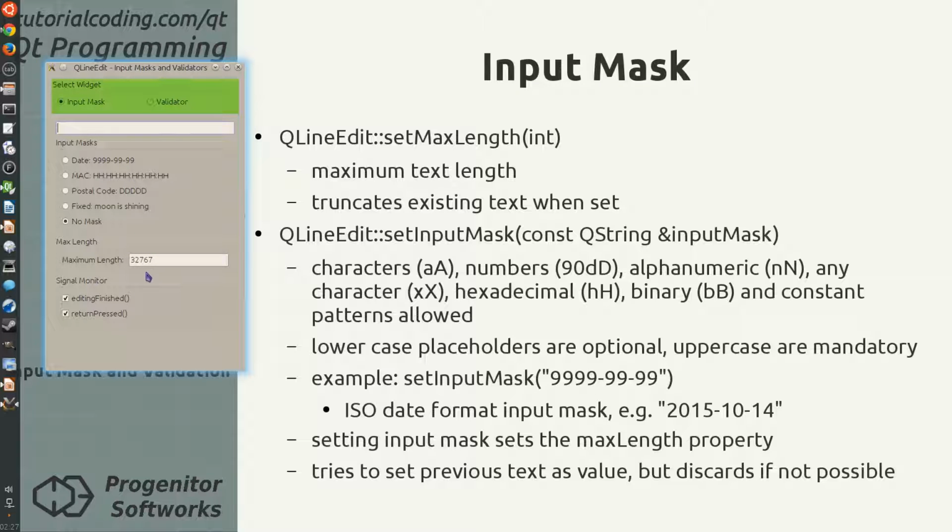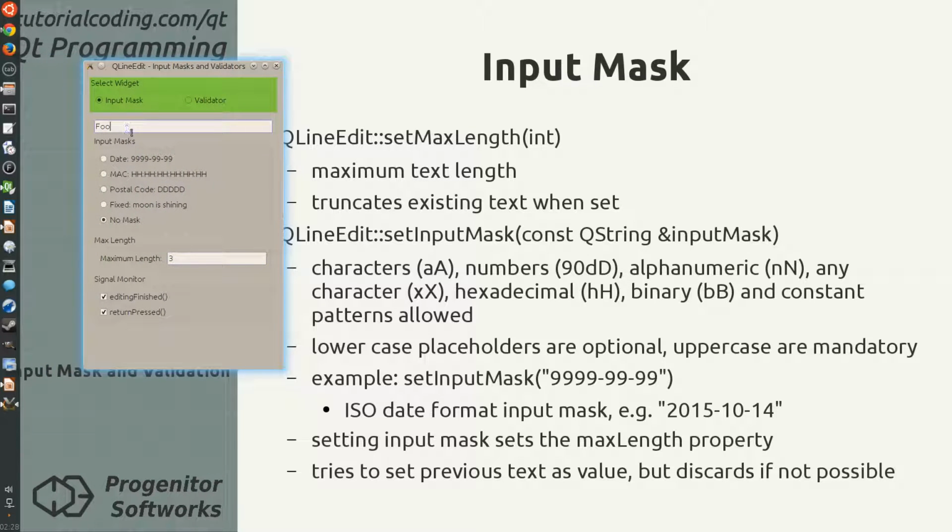This is the default value, 32,767. Now I enter text, foobar, and now I change this value to 3, and it will truncate the text to the new maximum length value. And I can't enter any more characters. I can remove characters, but I can't enter any more characters.